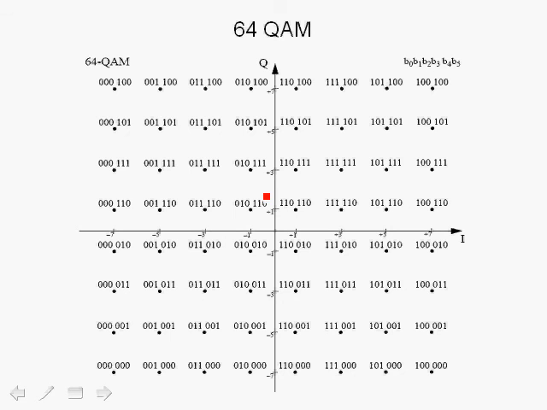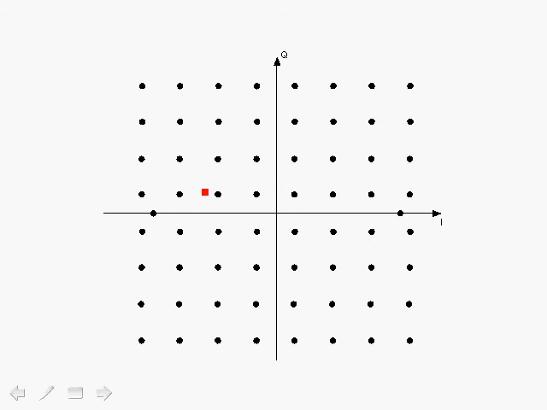In this case, we have a 64 QAM system, and for the case of 64 QAM, we're actually mapping every 6 bits to a symbol. So every symbol represents 6 bits, and we have 2 to the 6 or 64 possibilities. This diagram shows the constellation for 64 QAM. It also shows the constellation for BPSK, but notice that the distance between the constellation points for BPSK is much larger than the points for 64 QAM.